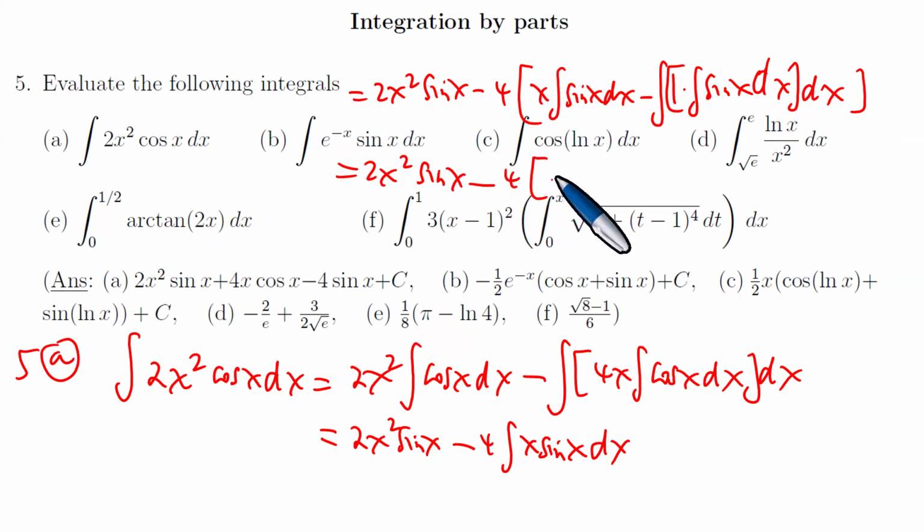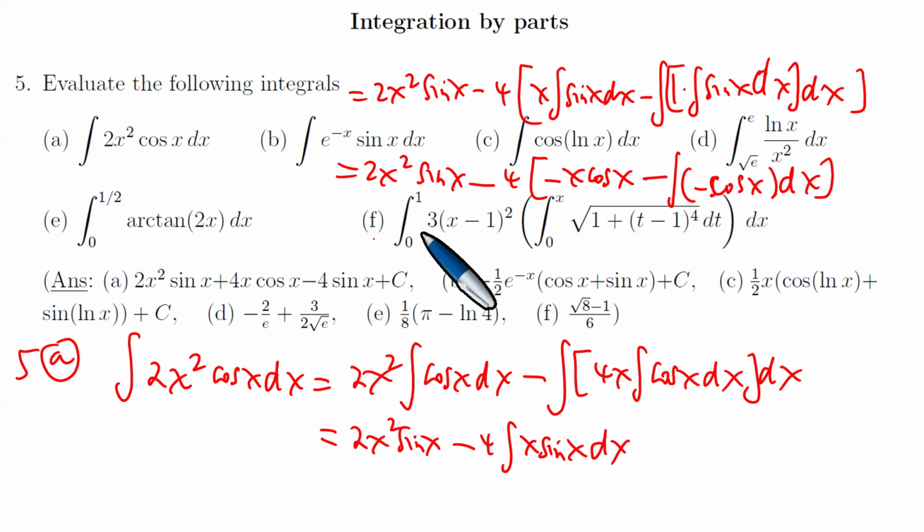The integral of the sine is minus cosine.